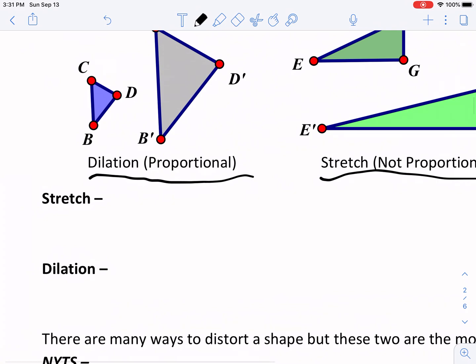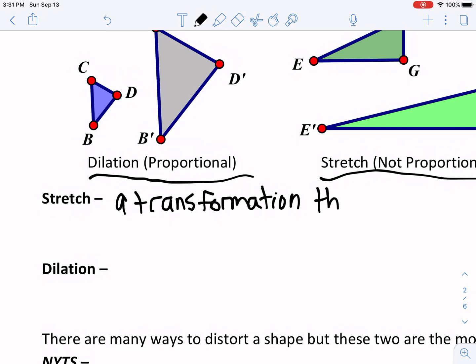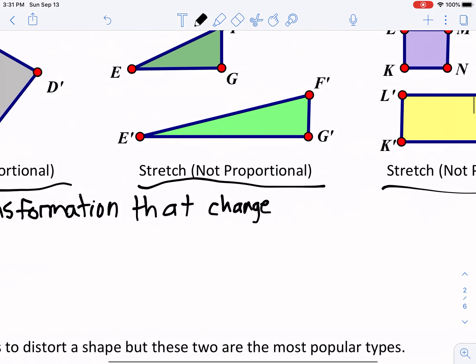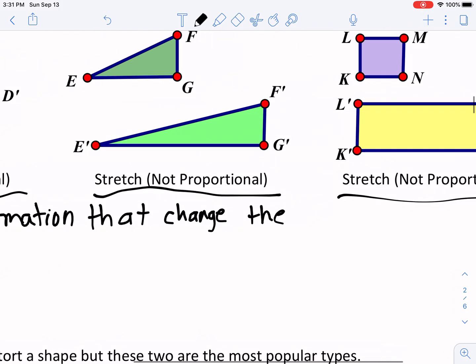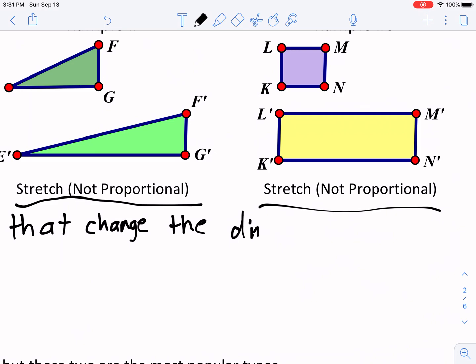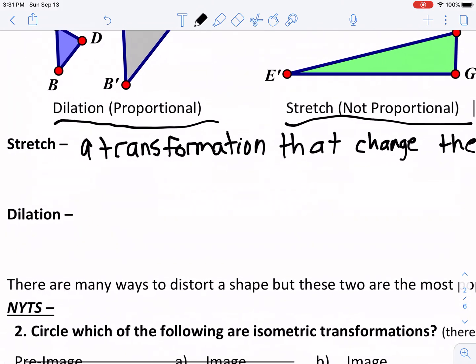So a stretch is a transformation that changes the dimensions of a figure at different rates.